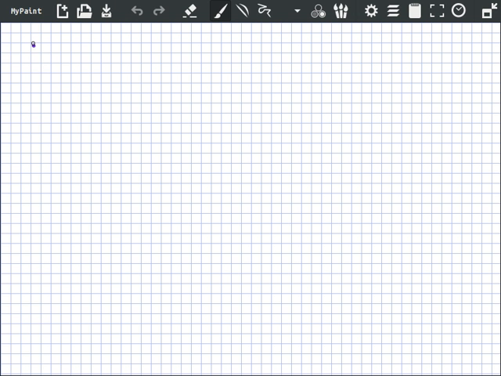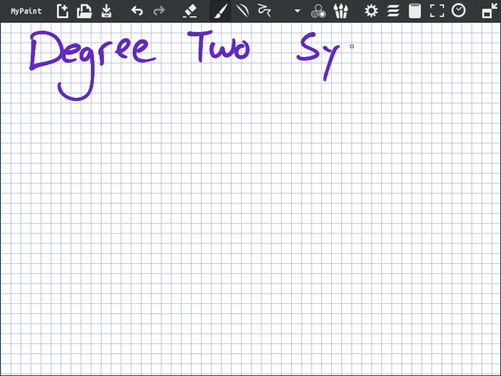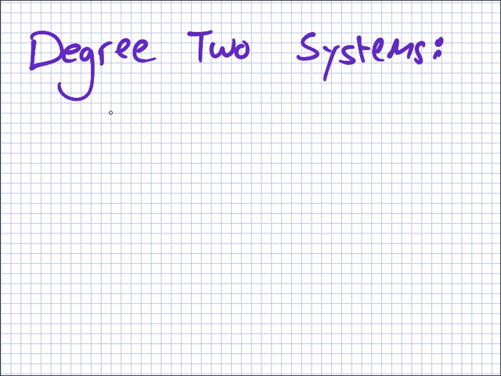It's on now. Perfect. Now, what we're going to have a look at is what's called degree 2 systems. And these are basically two linear equations.